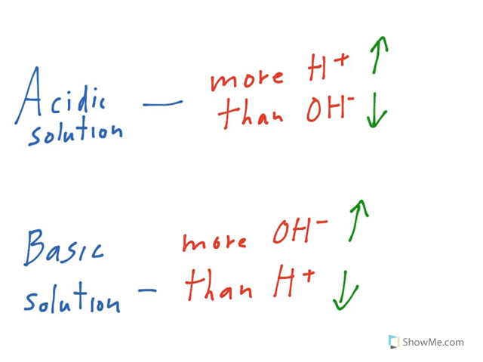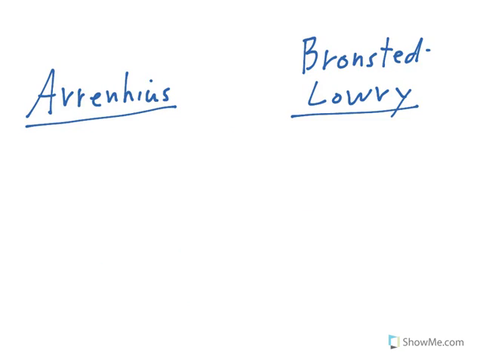The two main definitions you need to be aware of for inorganic chemistry are the Arrhenius definition and the Bronsted-Lowry definition. Both of these define acids pretty much the same way. These are definitions you're going to want to memorize. The Arrhenius definition of an acid is something that donates H plus ions.